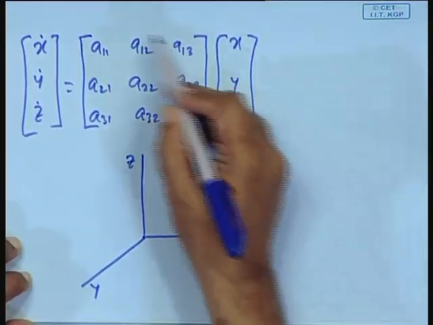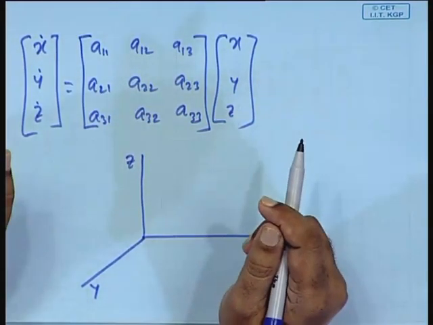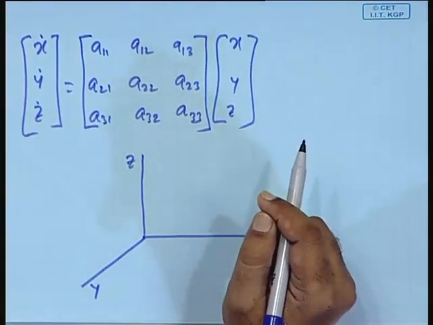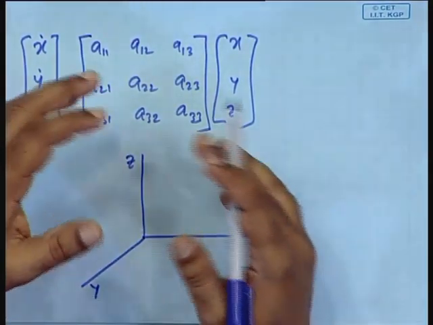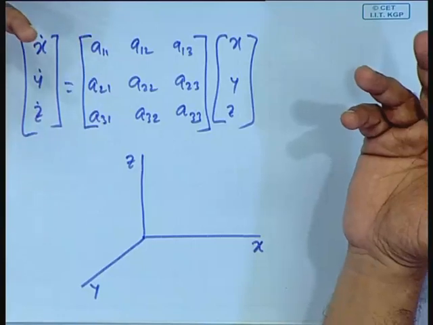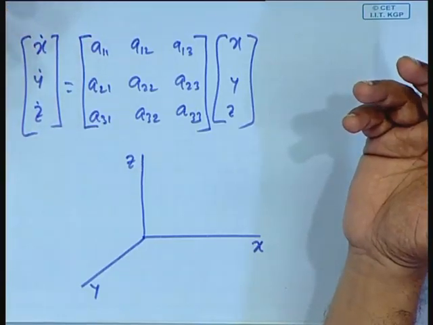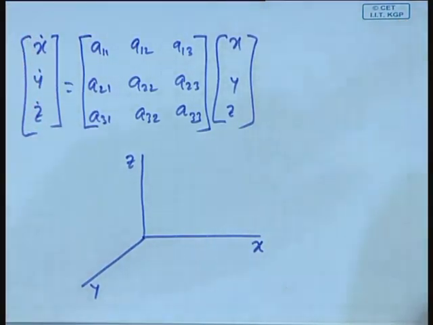Now, this will lead to a cubic equation for obtaining the eigenvalues. A cubic equation can have what kind of different possibilities? Earlier we could only say it could be real or complex conjugate.